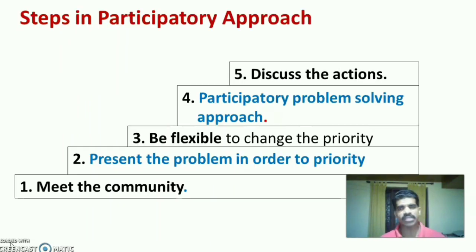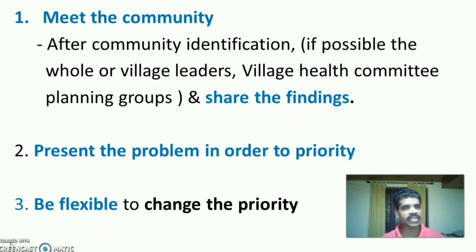The steps in participatory approach includes meet the community, present the problems in order to the priority, be flexible to change the priority according to the community perceptions, and use participatory problem solving approach and discuss the actions at the end of participatory problem solving approach. So first step is meet the community.